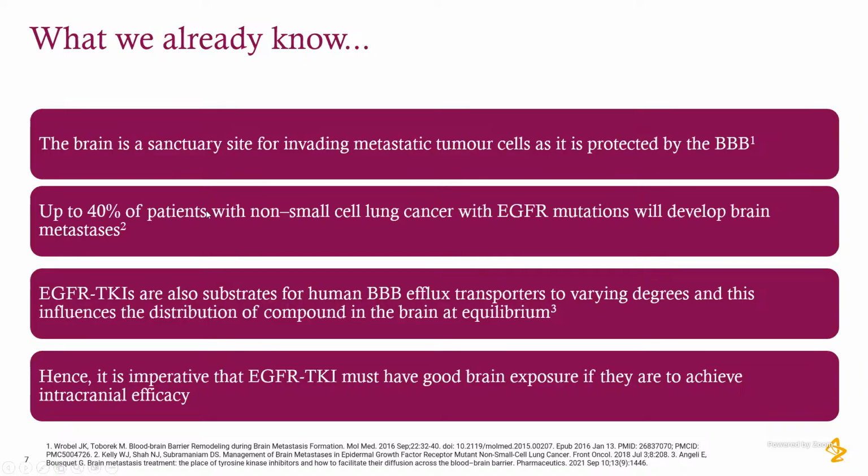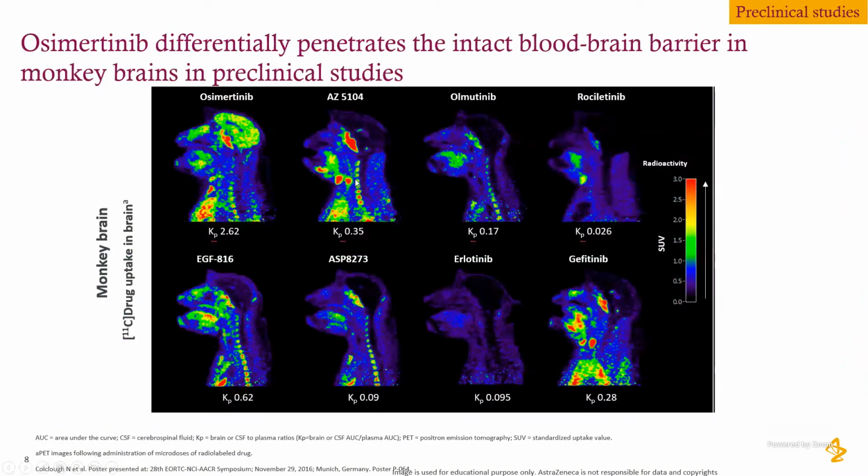Mostly the third generation TKI will have very good blood-brain barrier penetration, and a high concentration will be available in the brain. Most of the third generation, like osimertinib and lazertinib, have this activity to concentrate in the brain.